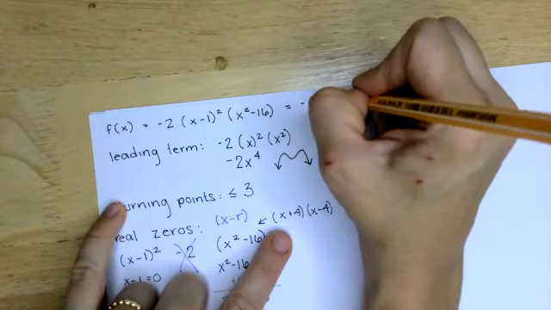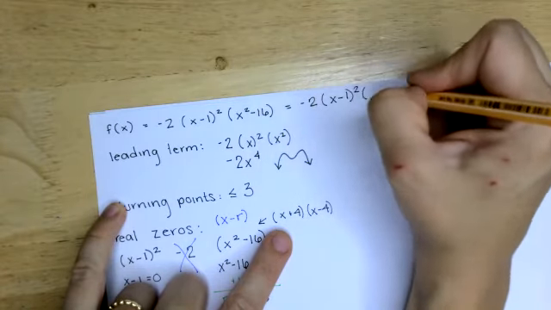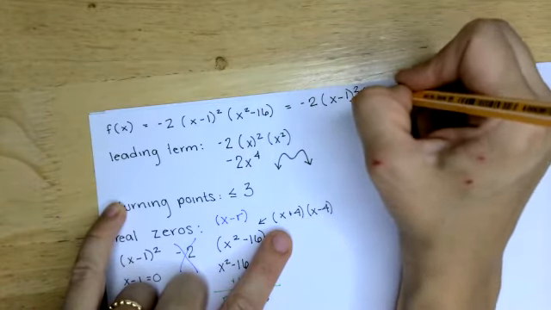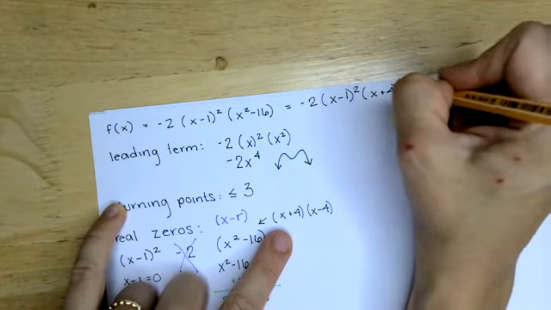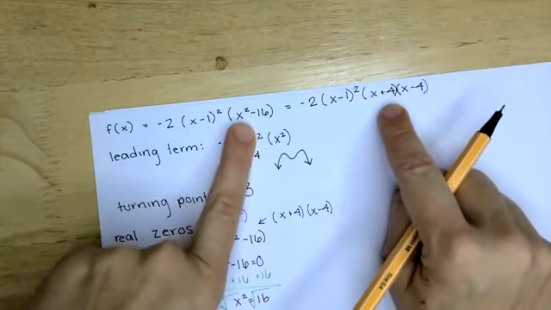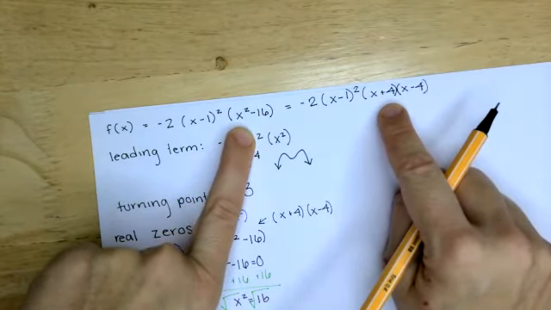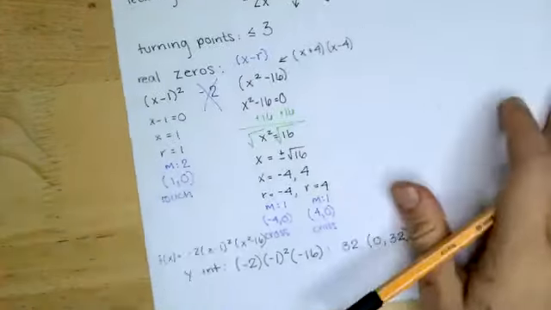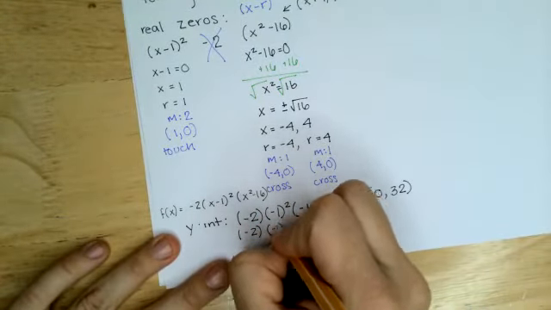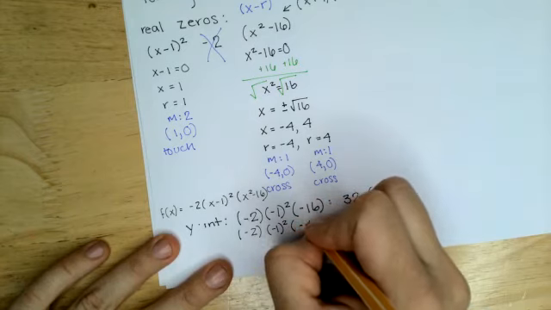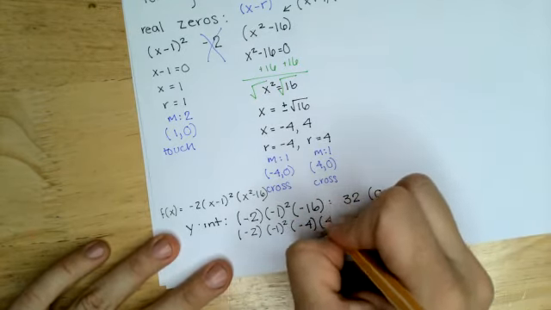And if you had wanted to, you can just change this to -2, like we did right here, x minus 1 squared. And then you immediately change this to x plus 4, sorry, x minus 4, because you know that x squared minus 16 is the same as x plus 4 times x minus 4. Then your y-intercept would be -2, -1 squared, -4, and +4.